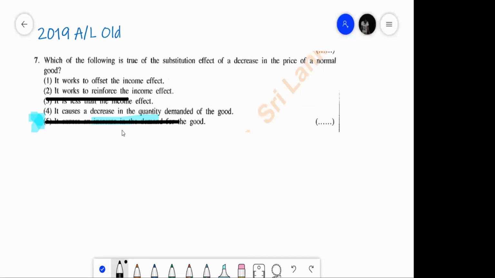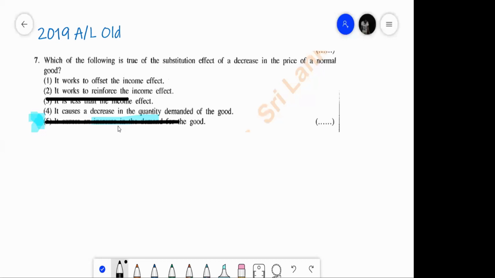The substitution effect will always comply with the law of demand, whether it's a normal good, a given good, or an inferior good. If the price increases according to the substitution effect, quantity should decrease. If the price decreases, quantity demand should increase.